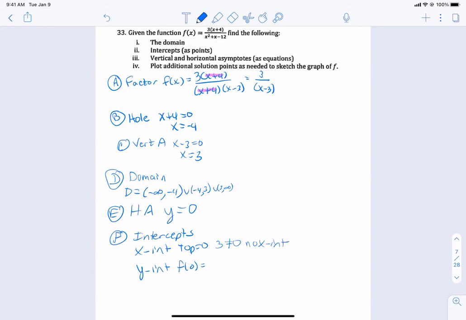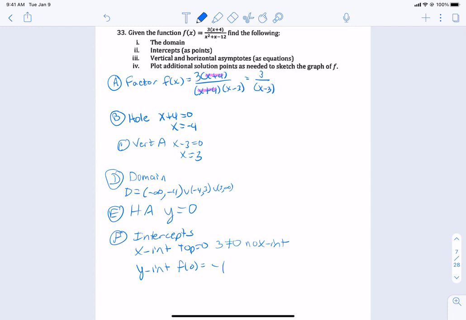Now remember that. When we go to graph this, there are no x-intercepts. This graph never hits the x-axis. That's very important. The y-intercept, if you plug in 0 to the reduced version or the original, it doesn't matter. You'll get the same thing. You get 3 over negative 3 or negative 1. So I know I hit the y-axis at negative 1.